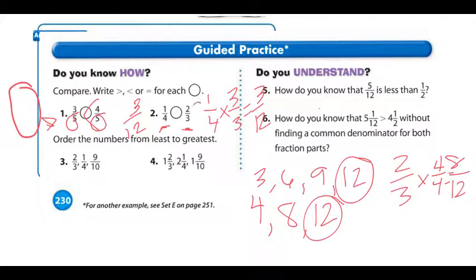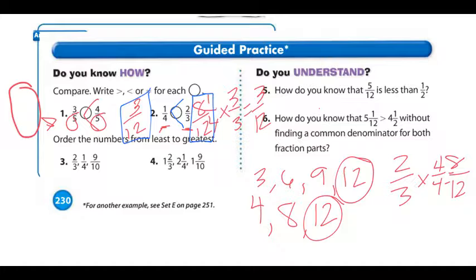So I can write 8/12 over here. So now when I compare them, I know that 8/12 is bigger, or 2/3 is larger. So that's how you're going to find your common denominator so that you can compare them.